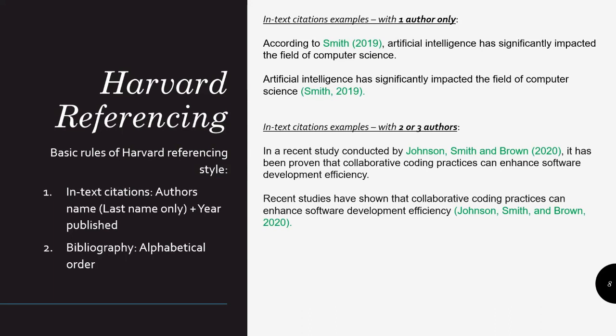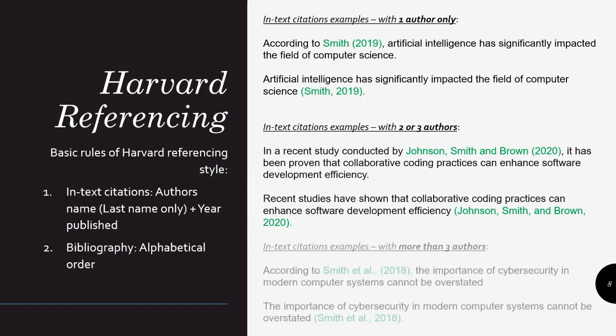Now, this is an example of an in-text citation with two or three authors. What if we have more than three authors, for example, 4, 5, 6? Are we to write all the authors' surnames, or do we have an option for that?